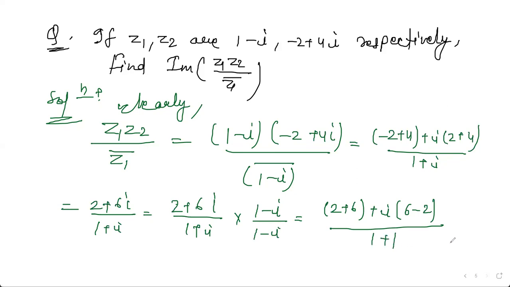So we get 4 plus 2i. Therefore, what will be the imaginary part of z1 z2 by z1 conjugate? It is 2. So 2 is the answer.